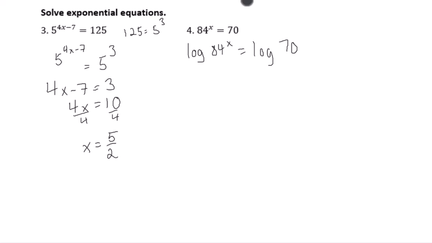Kick the x to the front. And now divide both sides by log 84.